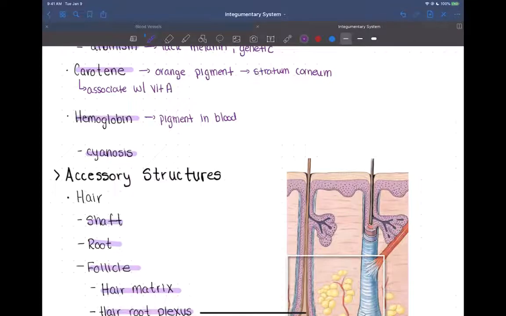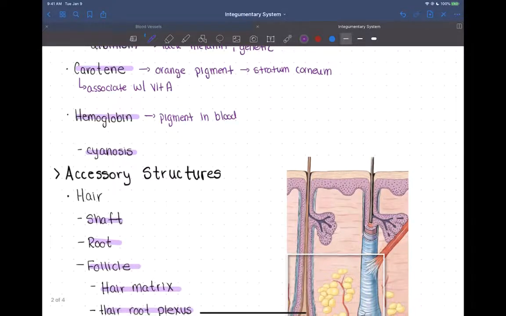All right, so when hemoglobin is bound to oxygen, it's bright red. When it's not bound to oxygen, it's not blue. It's actually like a really, really dark red. All right, so dark red blood is deoxygenated, and bright, scarlet red blood is oxygenated. Okay, so it has a red hue.